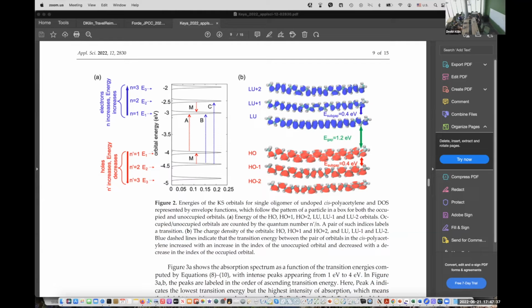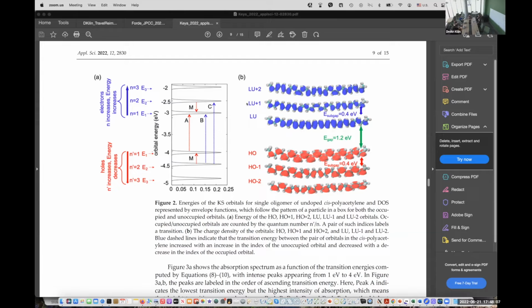satisfy the intuitive expectations for the particle in the box concept. So if you look on the LUMO, the blue image here, it has less density at the edges, more density in the middle.